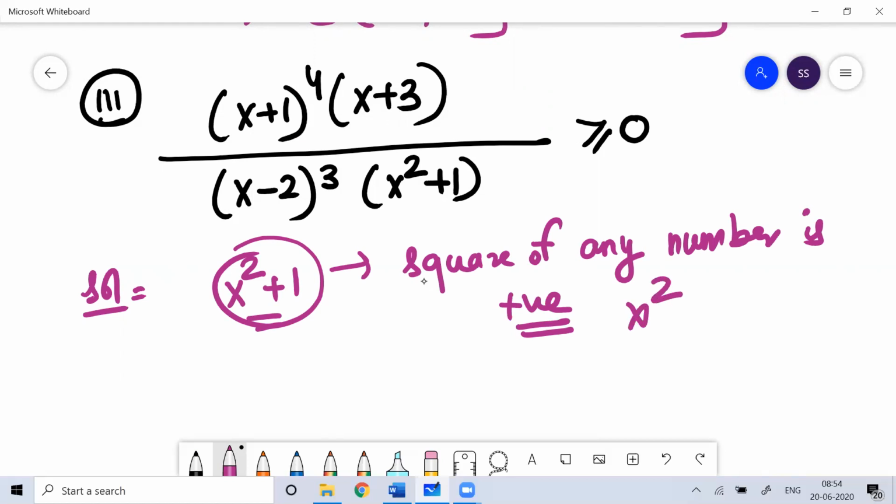So x square is always non-negative, and any such value plus 1 will always be a positive value. So the sign of x square plus 1 would be positive, so I can ignore it for my calculation.